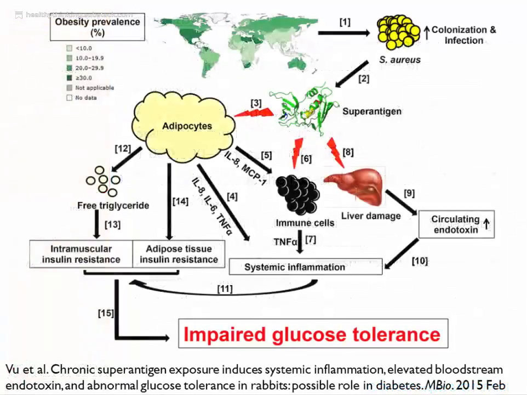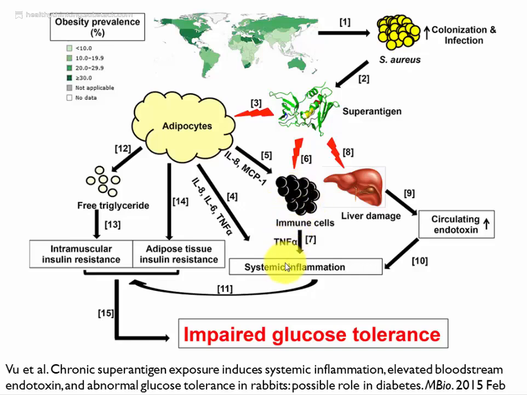Now let's take a look at a diagram that helps us understand all of this together. So we see that these patients have increased colonization with Staphylococcus aureus. That Staphylococcus aureus releases a superantigen, and that communicates to or alters the function and responsiveness of the adipocytes. It also has effects on the immune system and on the liver to increase circulating endotoxin by kind of paralyzing the liver, basically.